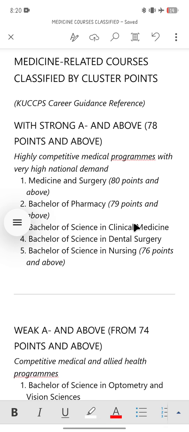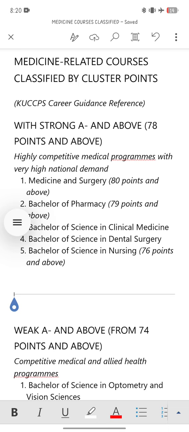But now you find their cluster points, yes, they meet those universities which are top classified, and they opt to choose those big universities, not knowing that those universities are very competitive and it is very difficult for you to get a chance in those big universities.